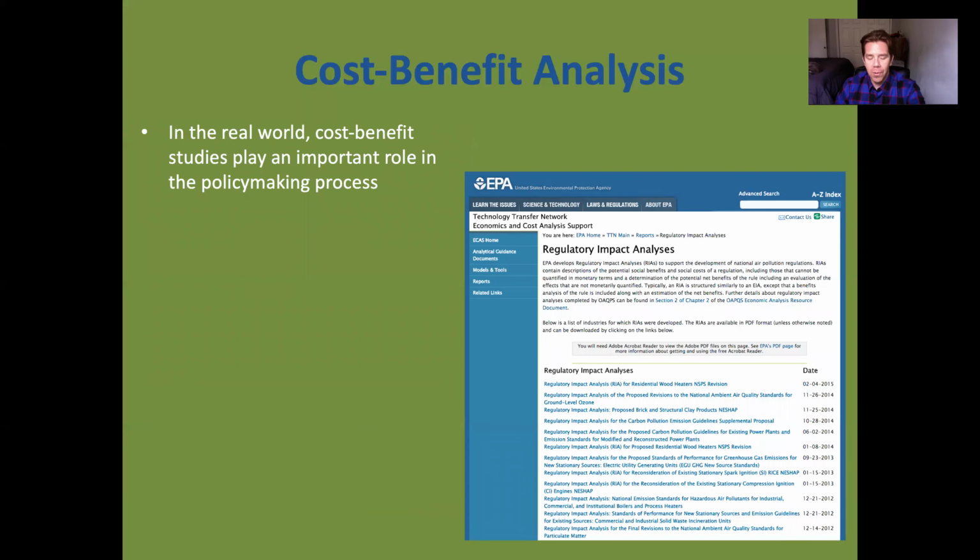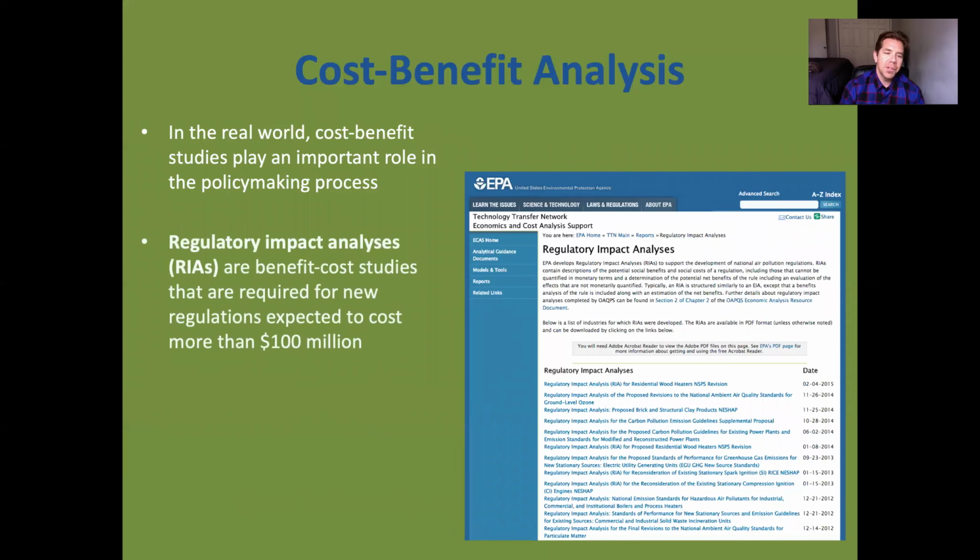And in the real world, as I've already mentioned, this is applied. For example, you can go to the U.S. Environmental Protection Agency's website, and they do what are called regulatory impact analyses. Essentially it's a benefit-cost or cost-benefit analysis, and these formal evaluations are triggered for environmental regulations that are expected to cost at least $100 million, right?